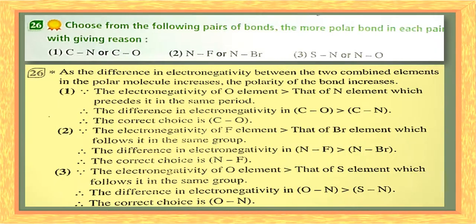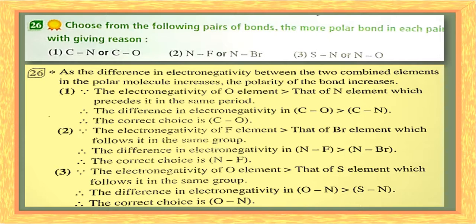When the difference in electronegativity between two combined elements increases, the polarity of the bond increases. The electronegativity of oxygen is higher than that of nitrogen, so the difference in electronegativity between carbon and oxygen is higher than between carbon and nitrogen. So the correct choice will be CO.